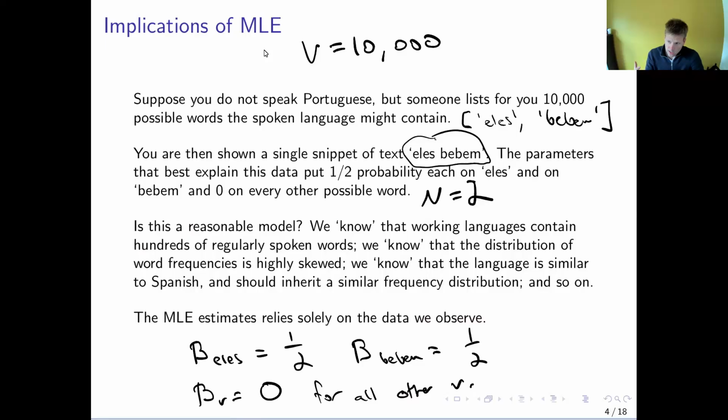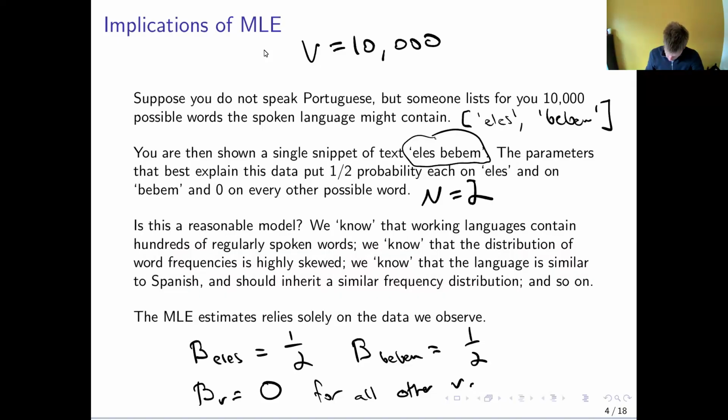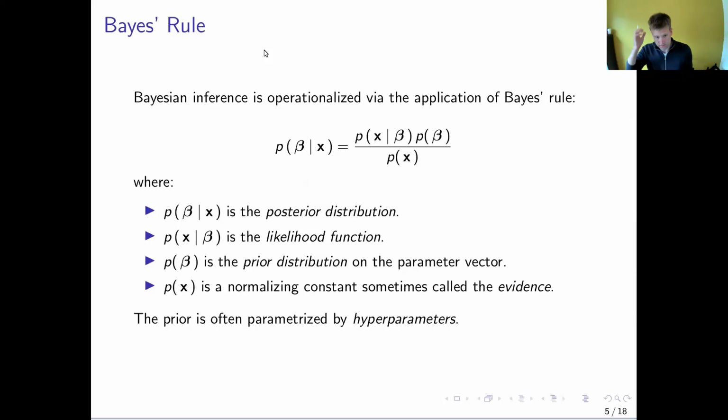The way of formalizing the idea that you can use these initial beliefs to regularize the problem is Bayesian inference. So I think about Bayesian inference in the context of machine learning as a statistical regularization technique that's informed by your beliefs on the structure of the problem that you are trying to study.